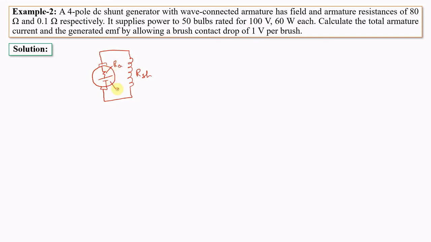It is the generated EMF. It is connected across the load. Voltage across the load is here VL. Current here is IL. It is the armature current and it is the shunt field winding current.